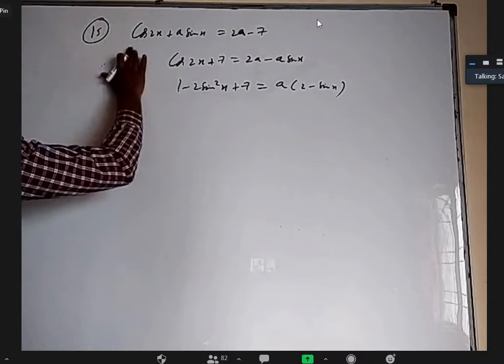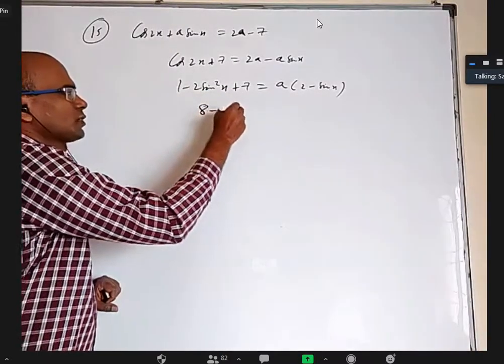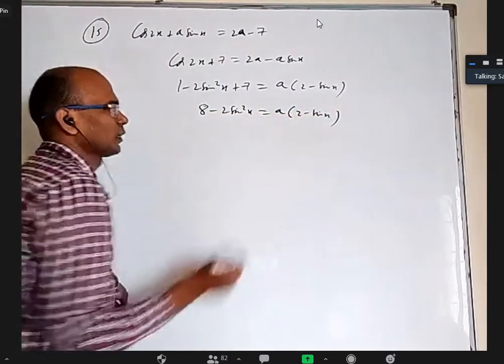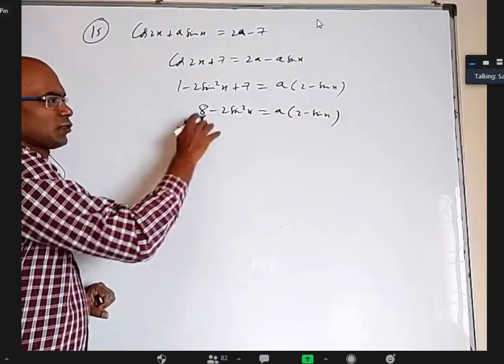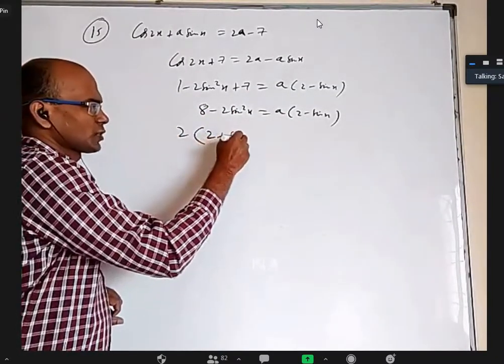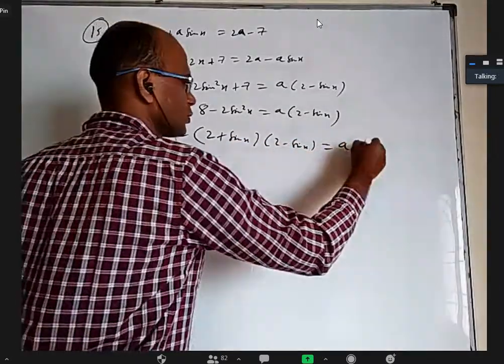I don't want to call method 1 method because ultimately they're same. Let us see, 8 minus 2 sine square x is a into 2 minus sine x. I can take 2 common and I'll get 4 minus sine square x, a square minus b square formula, a plus b into a minus b. So which is 2 plus sine x into 2 minus sine x is equal to this.